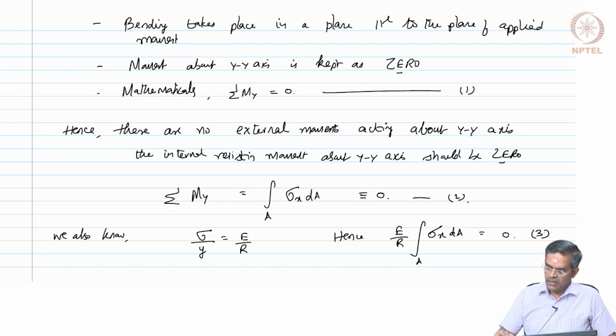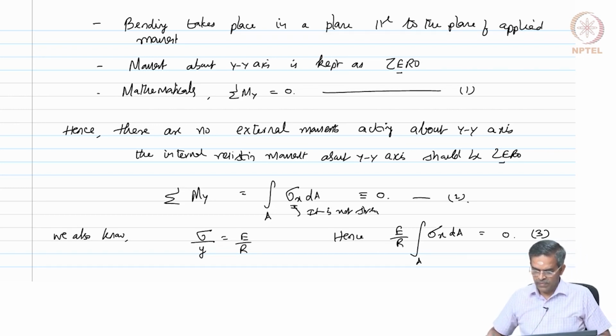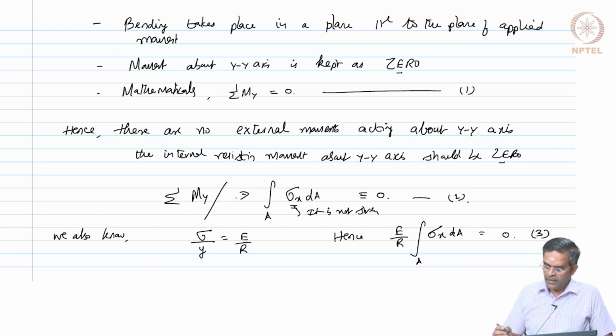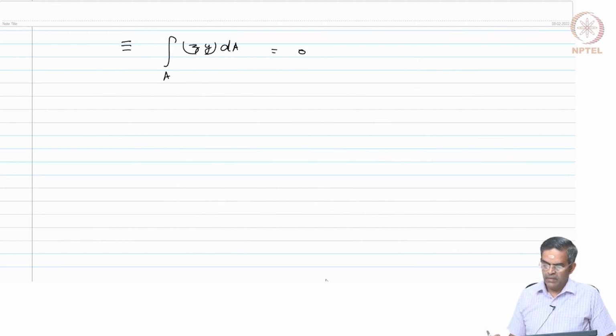Do not mistake it as stress, it is not stress. Okay. To ensure this condition, we should imply that this should be satisfied. So, we can say the integral of zy dA should be termed as 0, we call this 3a.